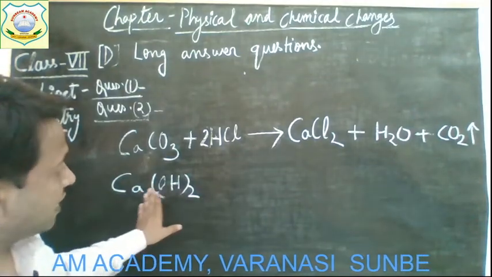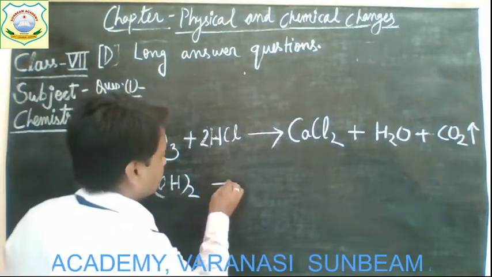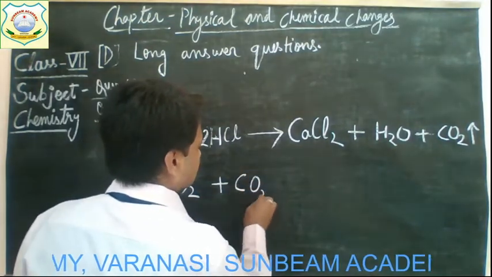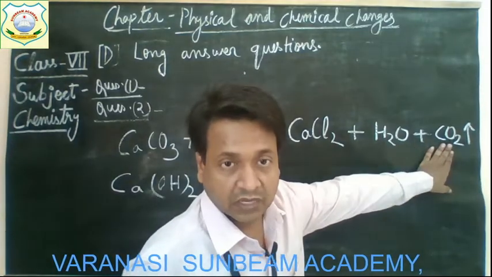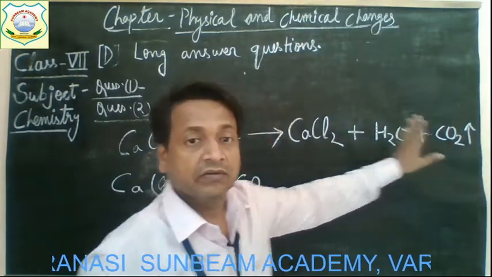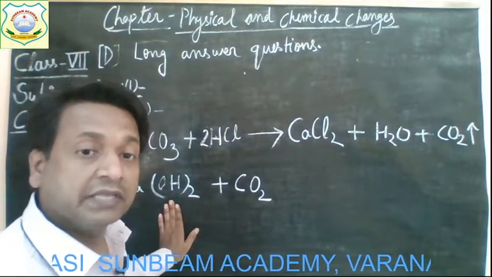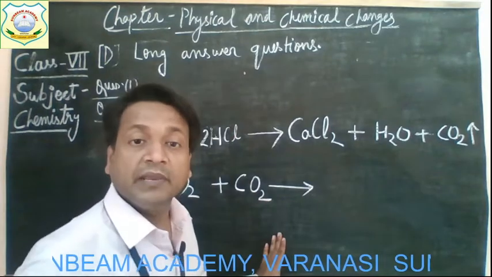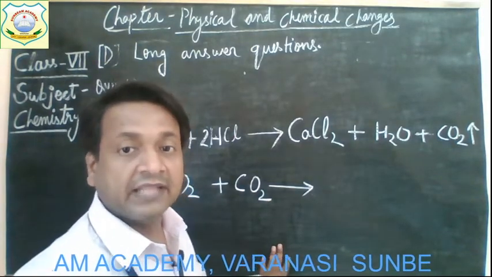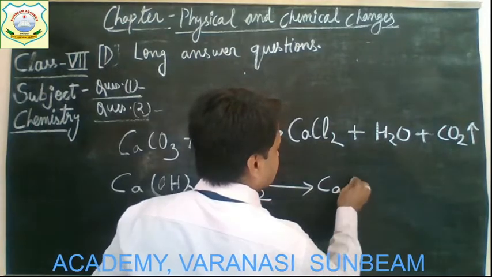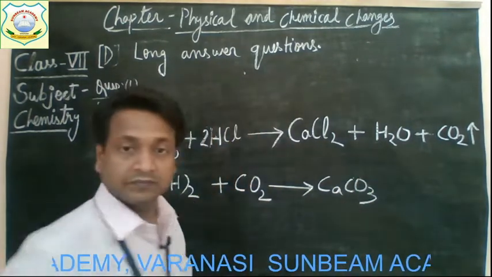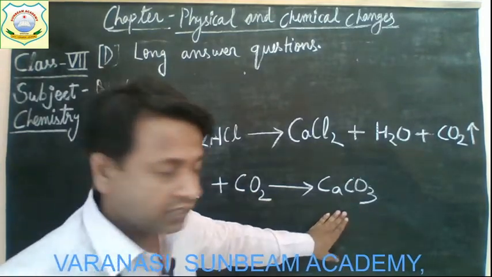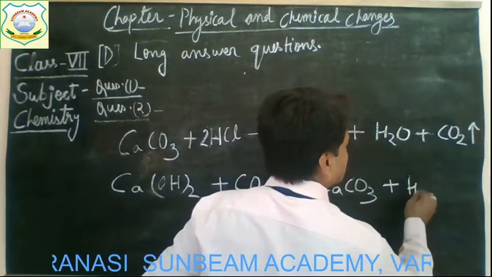Now when we pass carbon dioxide gas, which was produced here, into this calcium hydroxide, it forms a milky white solution, and that is calcium carbonate. The formula of calcium carbonate is CaCO3, and along with it, it will also form water.